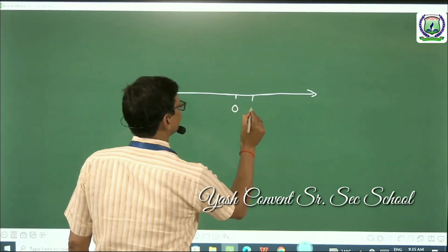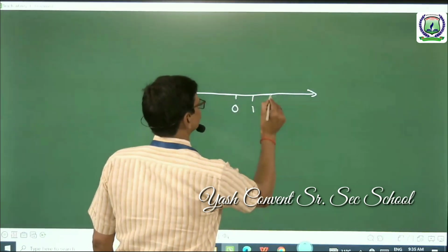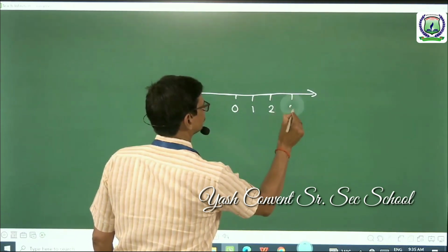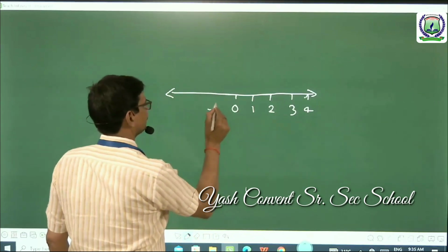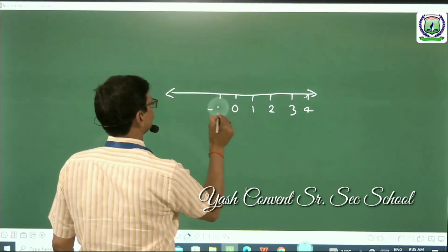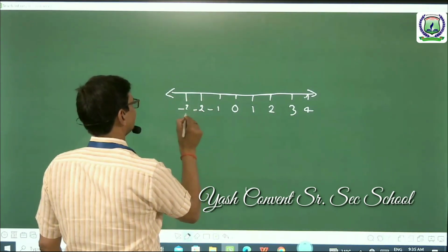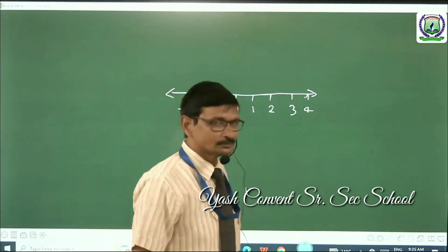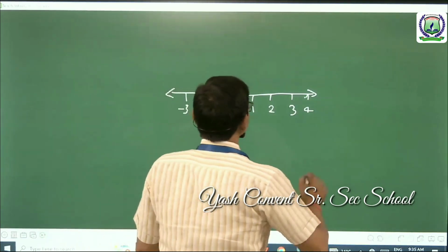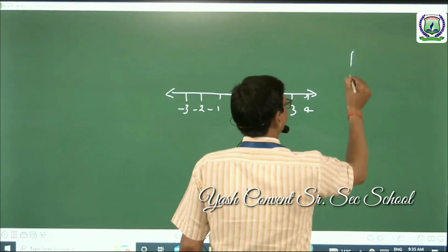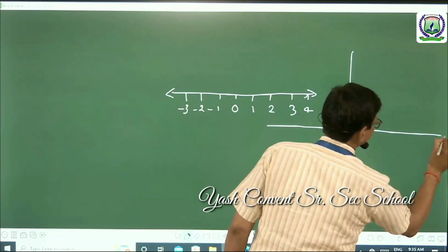On the right side are the positive numbers 1, 2, 3, 4, and the left side is negative, as we discussed earlier. So we take two number lines and arrange them perpendicular so that they intersect perpendicular to each other.